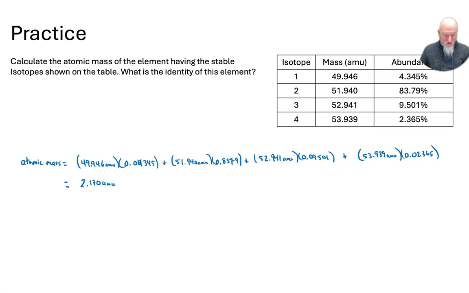Well, we shouldn't round yet, so let's do that again. So this will be 2.17015, plus 51.940 times 0.8379, 43.5205.